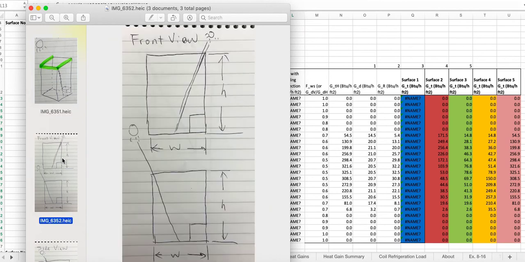So to quantify that shading effect, it helps to look at the problem from two-dimensional views. So you look at the front view, and if the sun is at this position, and you see the shadow of this right-hand side edge comes down to this part, and it's on the bottom of the big box, and it does not come across the surface of the conference room.